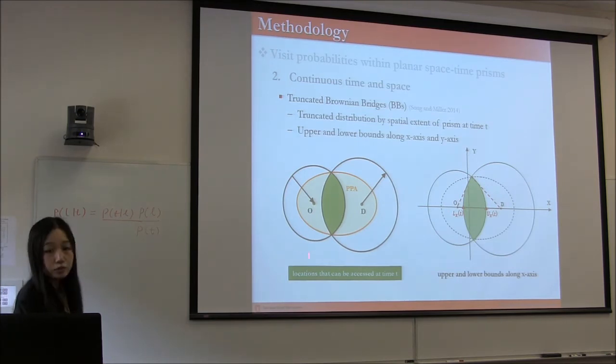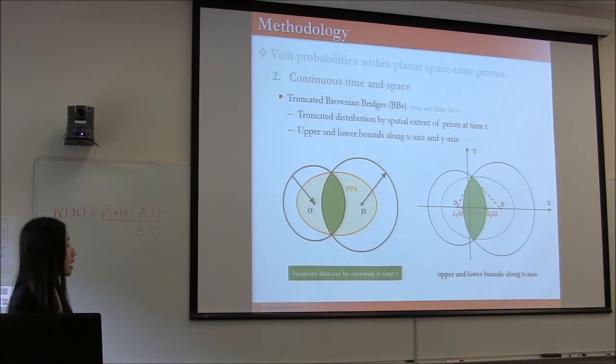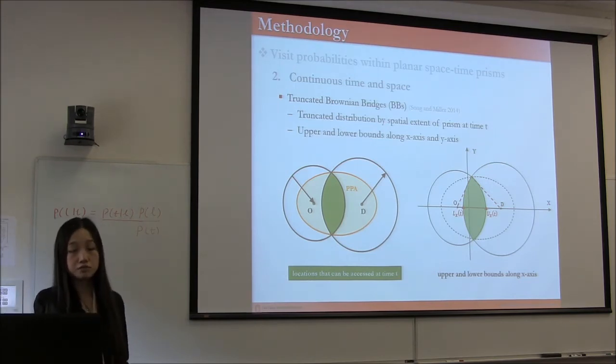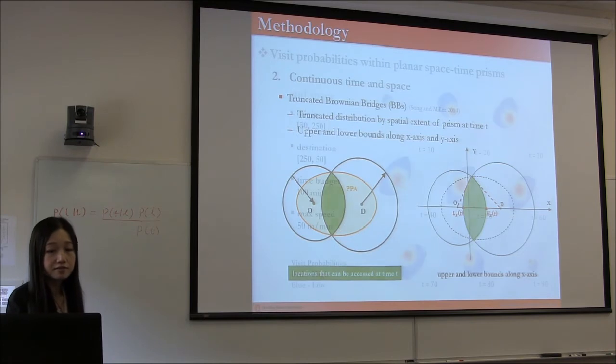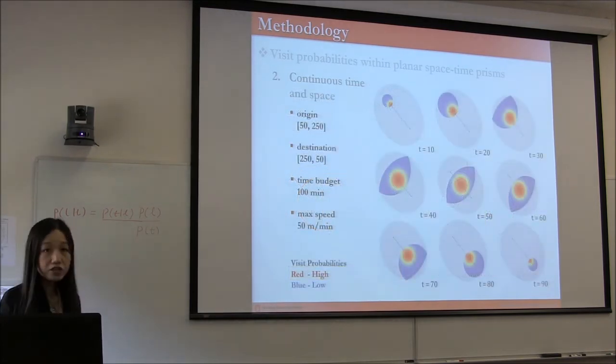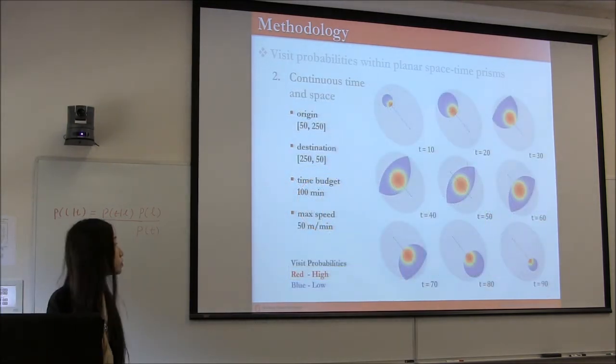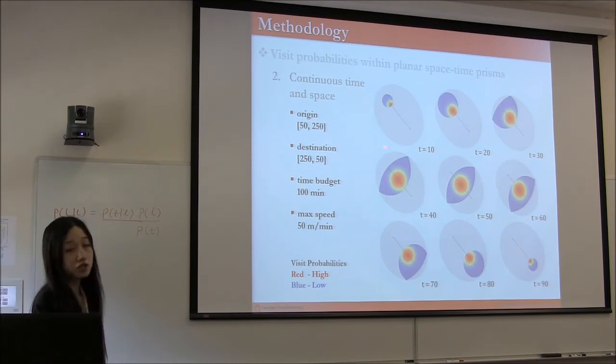So recall that we have the accessible locations at the specific time t. We get the upper and lower bounds along the x-axis and also the y-axis, and use those to truncate the original Brownian bridge distribution during the simulation. Given that method, we are able to simulate the distribution.